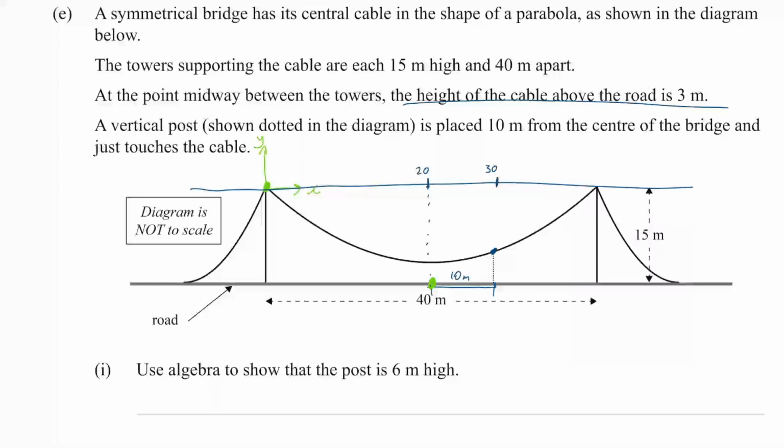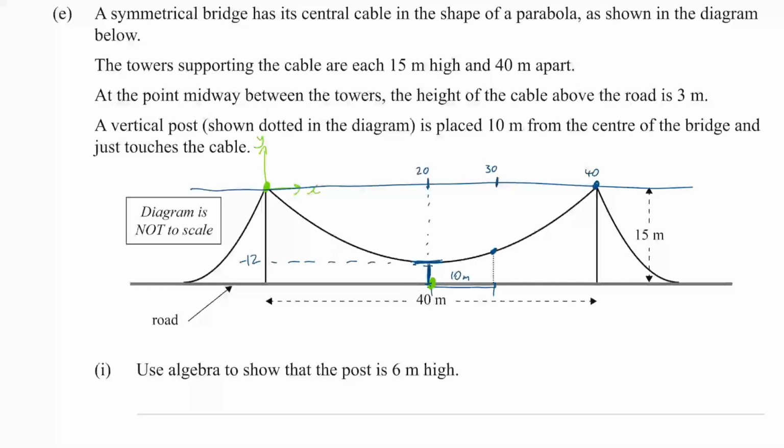The height of the cable above the road is 3 meters here, which means on our axes, the vertex, the turning point here, is 15 minus 3, so 12 meters below. So that's at negative 12. See why this origin is a little bit more confusing. We have a few offsets to deal with, but good practice. And the other x-intercept is at 40.